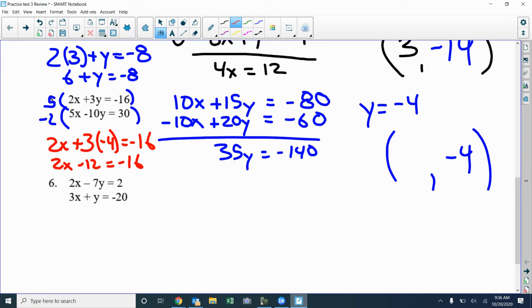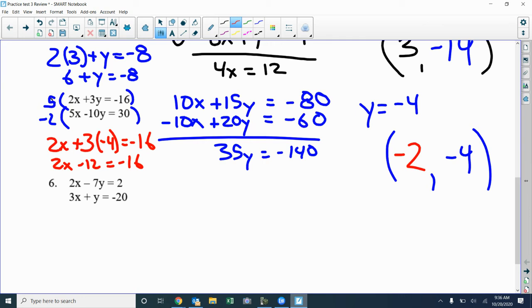So it ends up being negative 2. Negative 2. Should be negative 4 on that side, so. Everybody good there? Michael, how you doing? Okay, got it? Yeah. Everybody good?